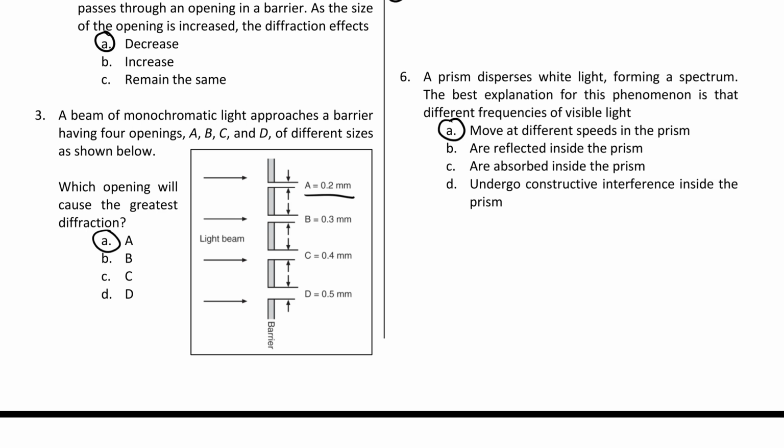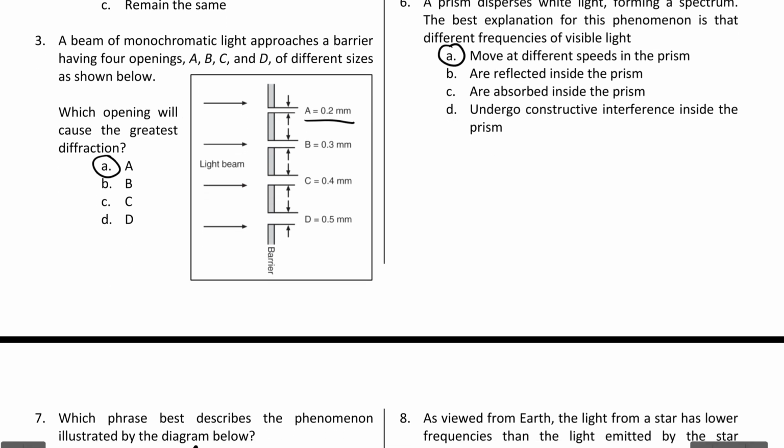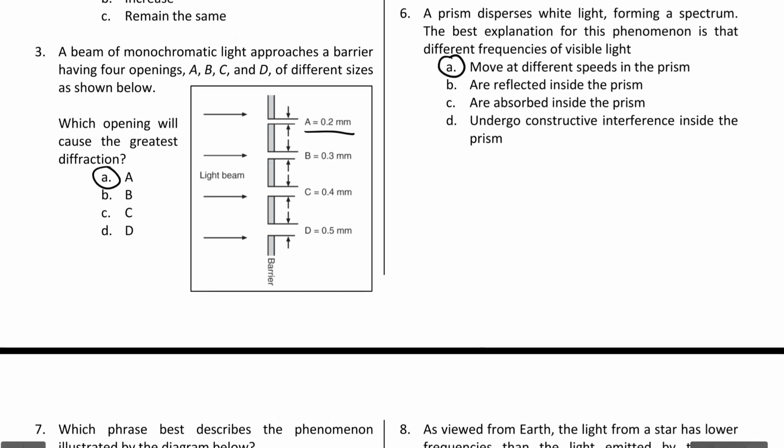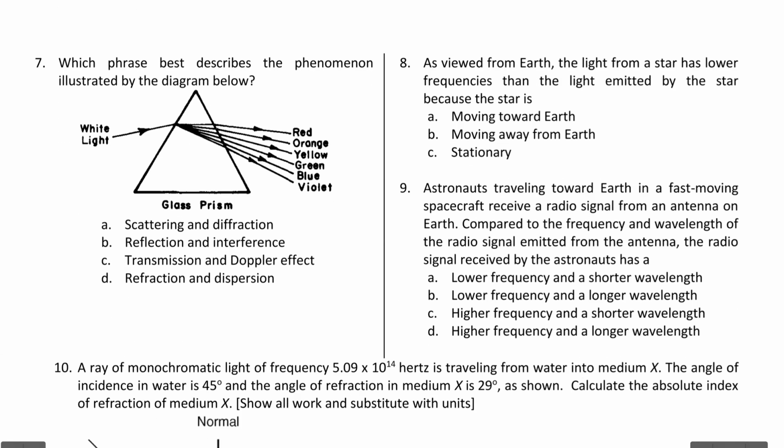They're not necessarily reflected inside or absorbed or undergo constructive interference. No, it's all about refraction, and you have to remember, things refract because they're bending, because they're moving at different speeds. So that's kind of shown here. Which phrase best describes the phenomenon illustrated below? Scattering and diffraction, reflection and interference, transmission and Doppler effect, or refraction and dispersion.